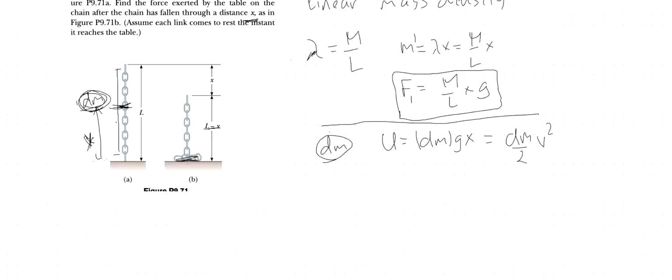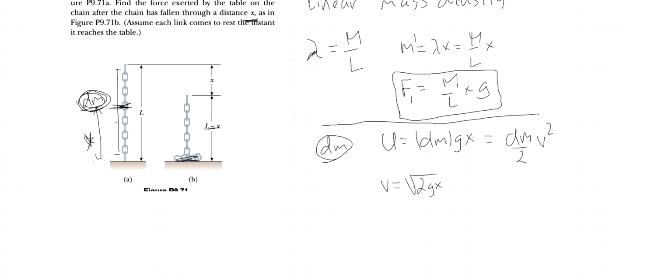From this information, we can, for example, calculate v. So v is square root of 2 times g times x.